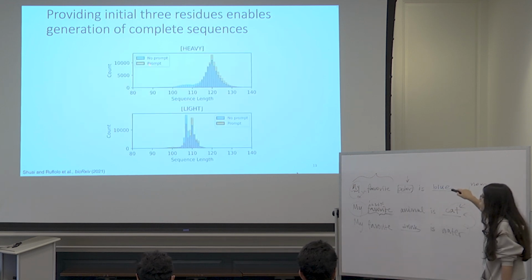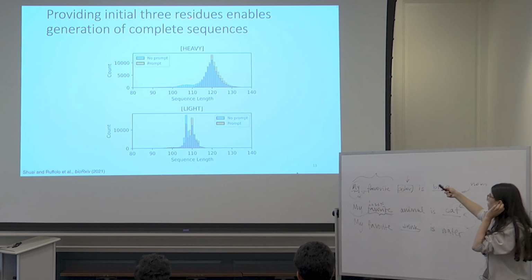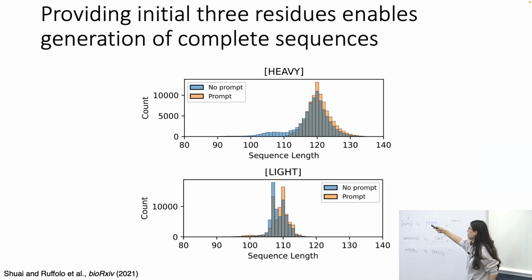what they decide to do is either give a prompt where you can give it the initial 3 residues and then allow for complete sequence generation so that the sequence length was reaching what we would expect it to reach with the prompt being in orange, versus without that prompt, it was quite a bit shorter, at least for a distribution over here. And then this is in the heavy chain, this is in the light chain.